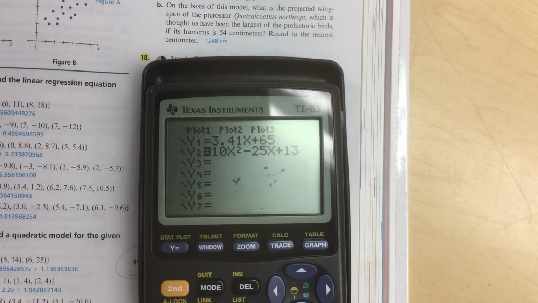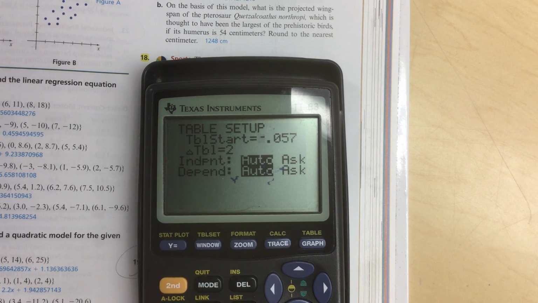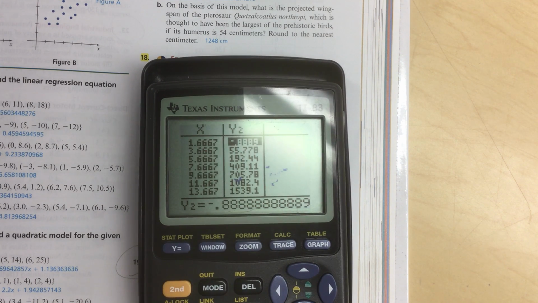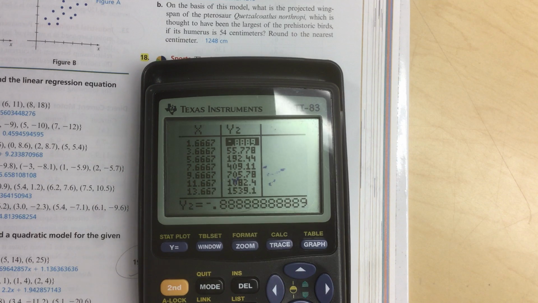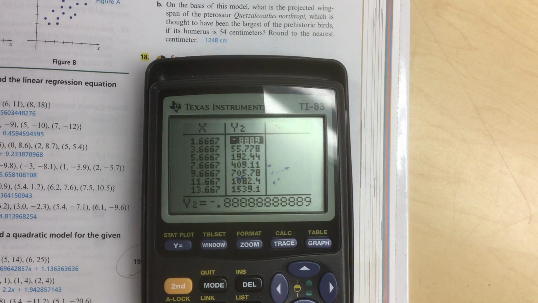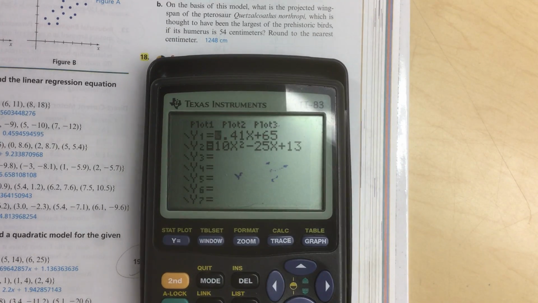Okay, so you go second table set. I want to start at 5/3. Second table, negative 0.8889. Okay, so that's why if you need to plug several different values into one equation, it's way easier to put it in here and then go to the table function.